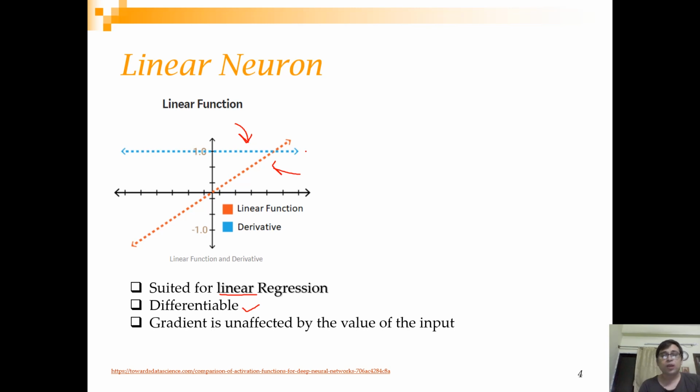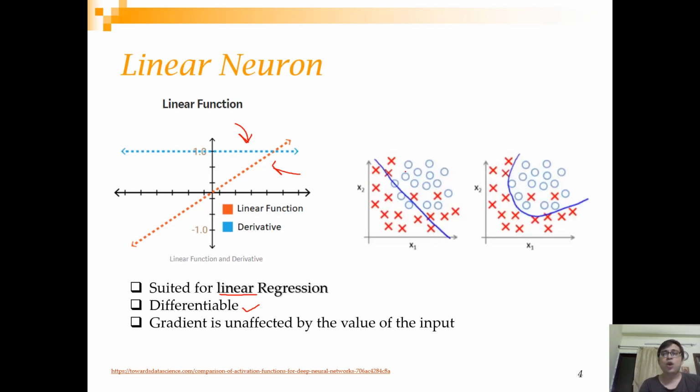One problem with such linear units is that when you are trying to find a decision boundary like this, you can easily find it. However, if you have to find a decision boundary like this, you can stack as many layers as you want, but you cannot come up with a decision boundary like this.